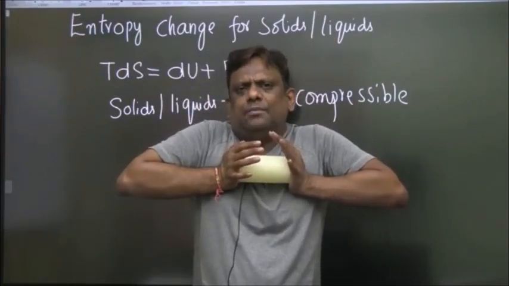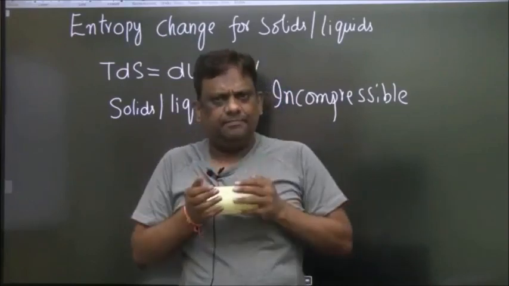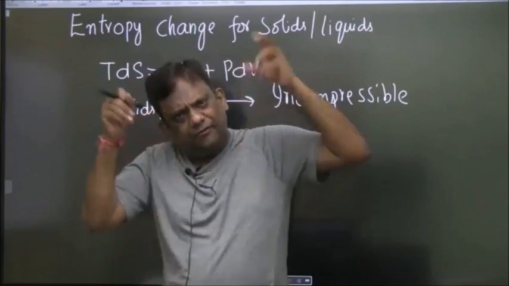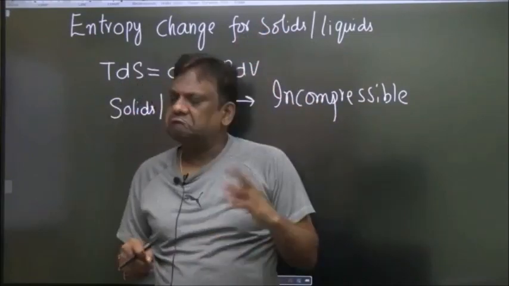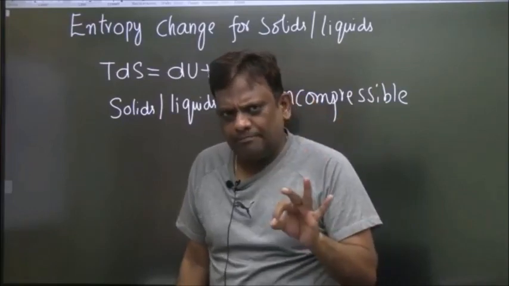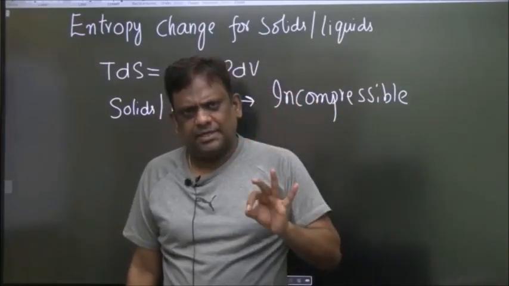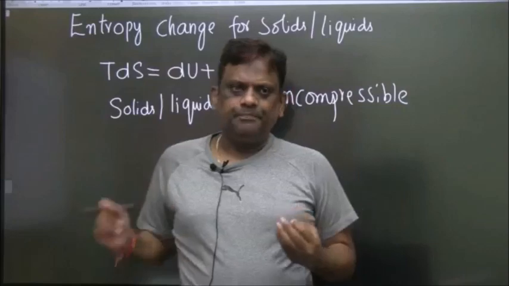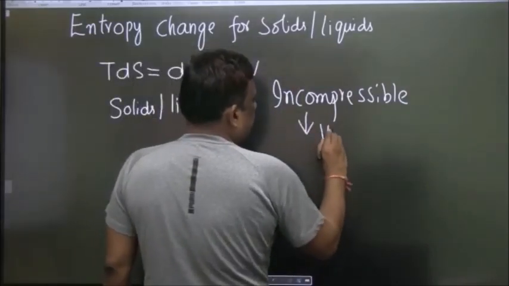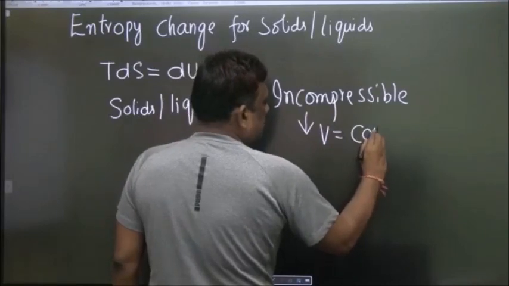There is no change in the volume. Even if there is a change, it is insignificant. Take water in a container and try to add weights, increase the pressure, compress. You don't find any change. So the change in volume for solids and liquids is very negligible, and hence we call them incompressible. Incompressible means volume is constant.